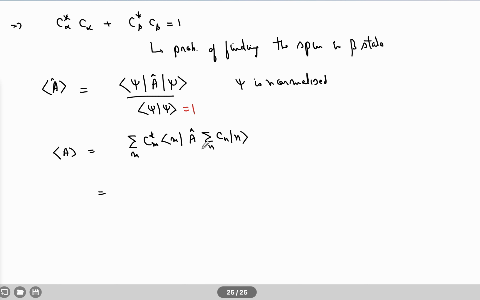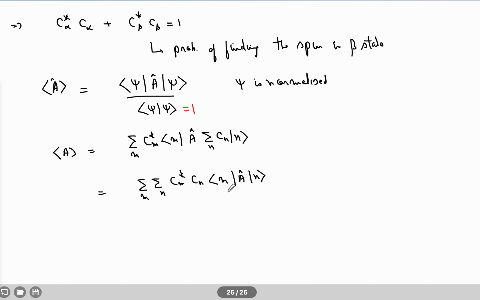Okay, so now I can take the summations out. So I will have double summation m summation n, and I'm left with cm star. These are numbers, so I can take them out, and I'm left with m A n, right?